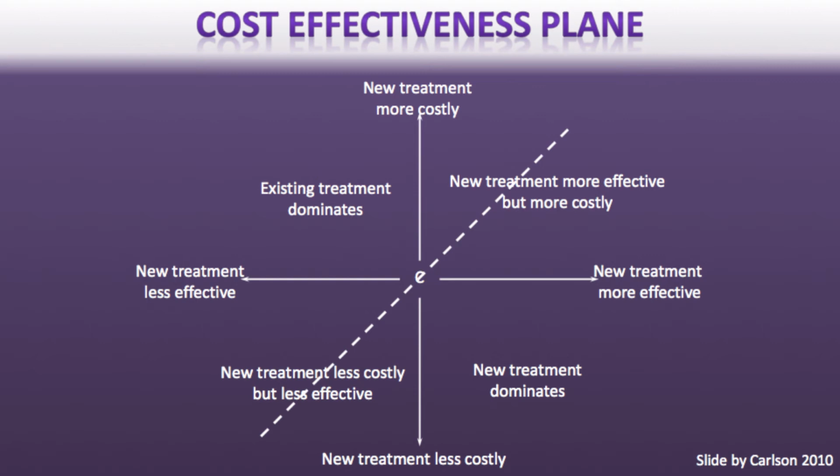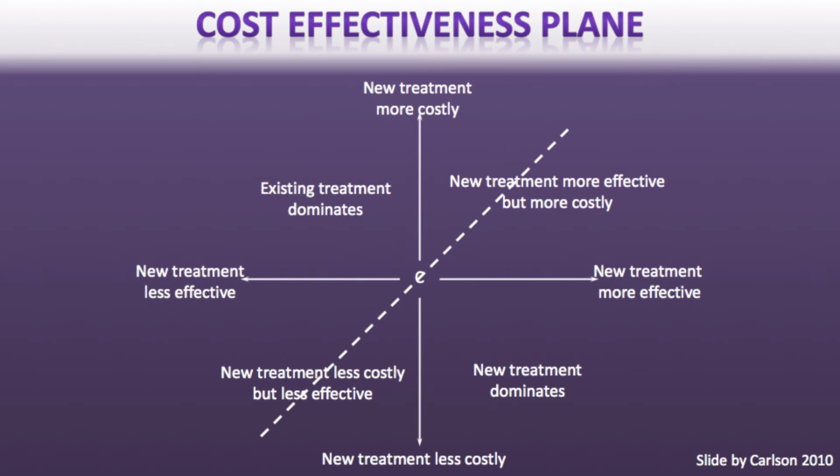If you look at the X and Y axes, you go from the possibility of a new treatment being less effective to a new treatment being more effective on the other side of the chart. Then you also have the idea of a new treatment being more costly versus less costly. And again, you're comparing there to the best alternative or standard treatment.